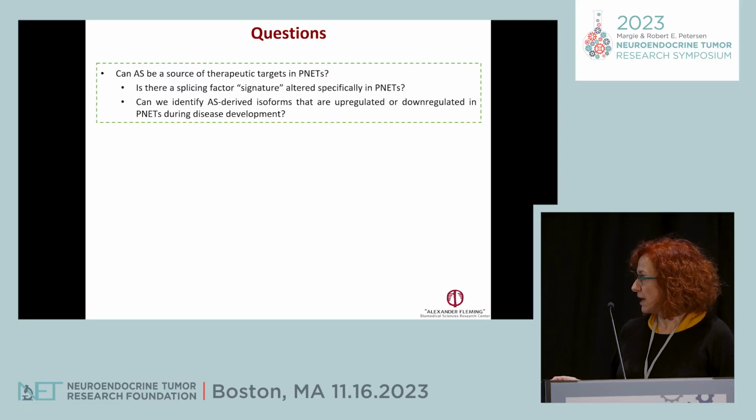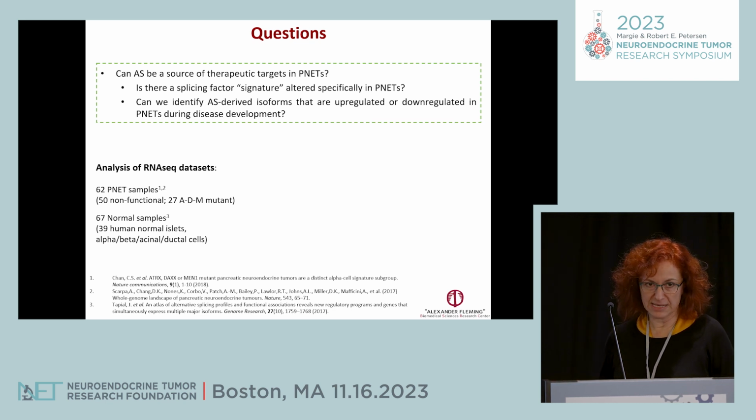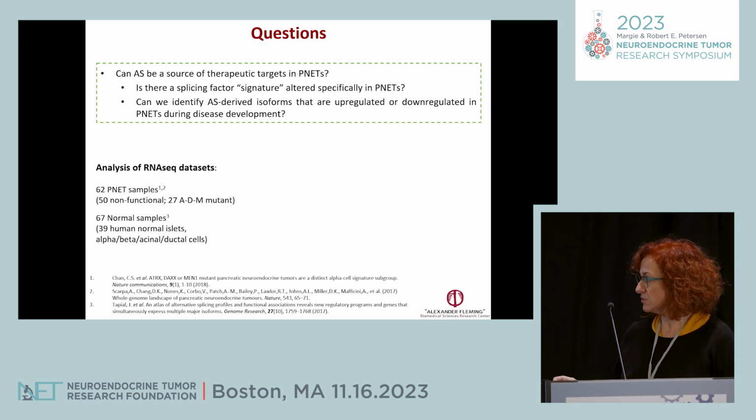So to do that, we started by bioinformatics analysis, and we analyzed a large number of publicly available RNA data sets. As you see here, we had a large number of samples, 62 PNET samples, 50 of them from non-functional tumors, and 67 normal samples, 39 human normal islets in this set.